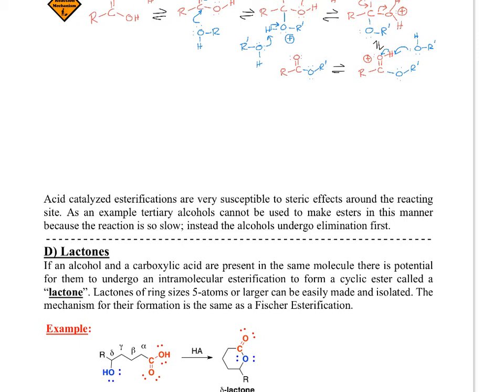And one of the main reasons is that it's so sterically hindered that other side reactions can take over before you actually get the esterification. In the case of tertiary alcohols, you'll eliminate and dehydrate the alcohol first to give us alkenes instead of giving the desired Fischer esterification products.